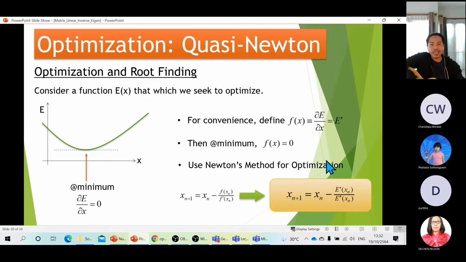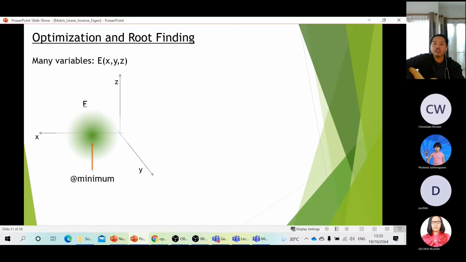Now, before doing the example, let's make it bigger by looking at the many variable case. Suppose my function, which I want to optimize, has many variables, like cost of doing business depends on many factors: salaries of the workers, the taxes, and many things. In this case, the E or the energy of something depends on x, y, and z.